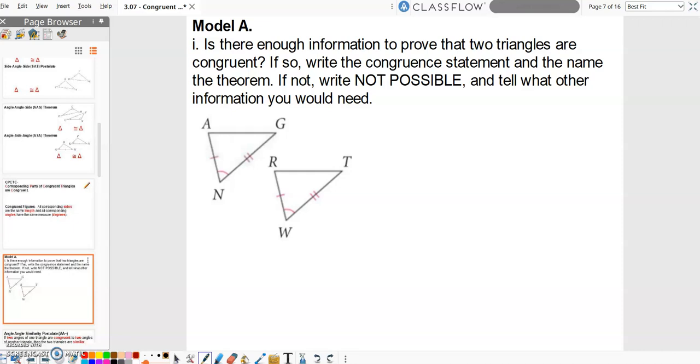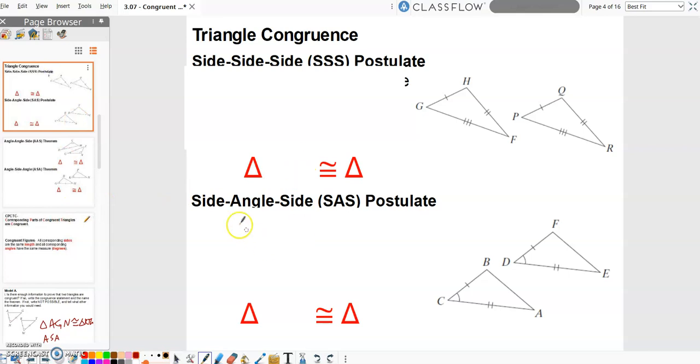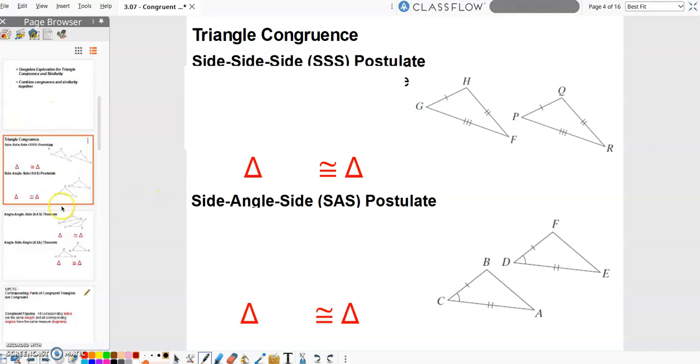So our congruent statement will be triangle AGN is congruent to triangle, I'm going to space RTW. And that was because of the angle, side, angle. So angle, side, angle, which is a postulate. Let's see here.